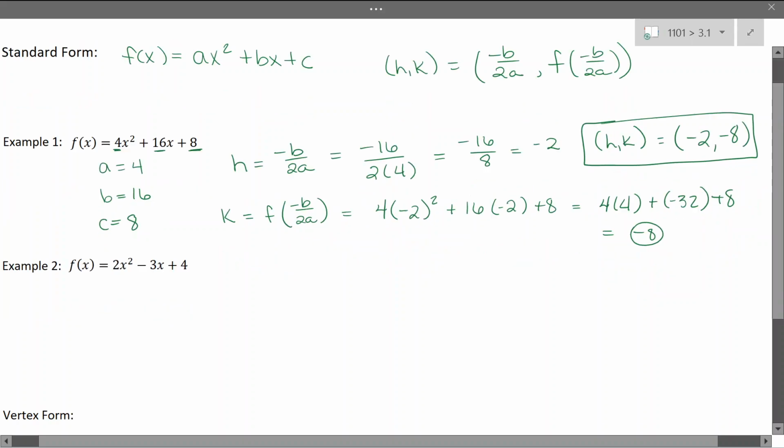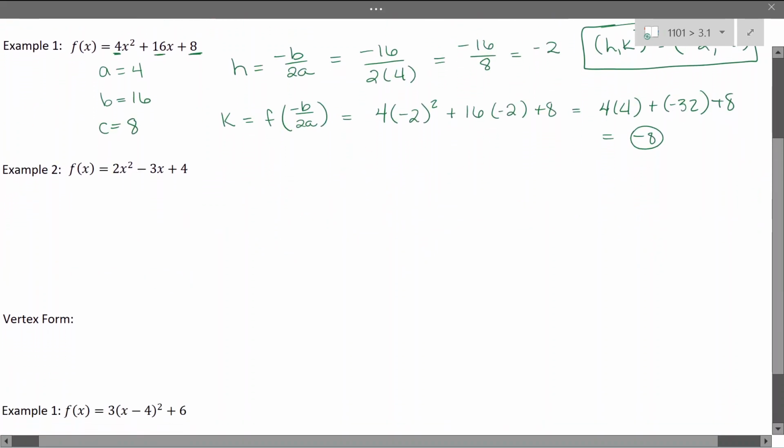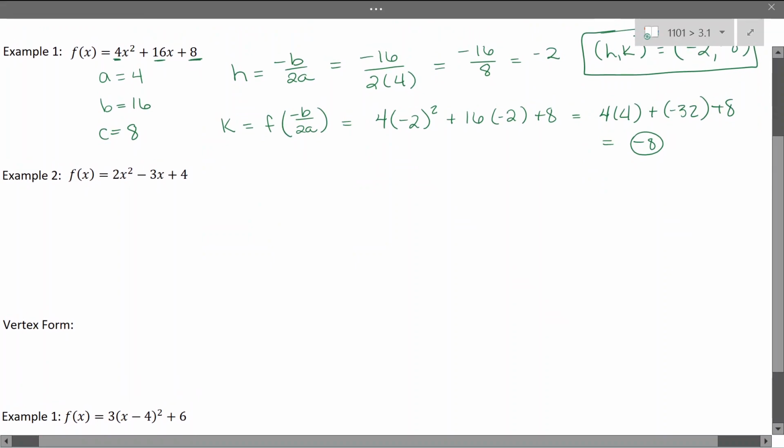Let's try another example. In our second example, we have f of x equals 2x squared minus 3x plus 4. Again, let's identify our a, b, and c first. Our a is going to be 2. Our b is going to be negative 3.